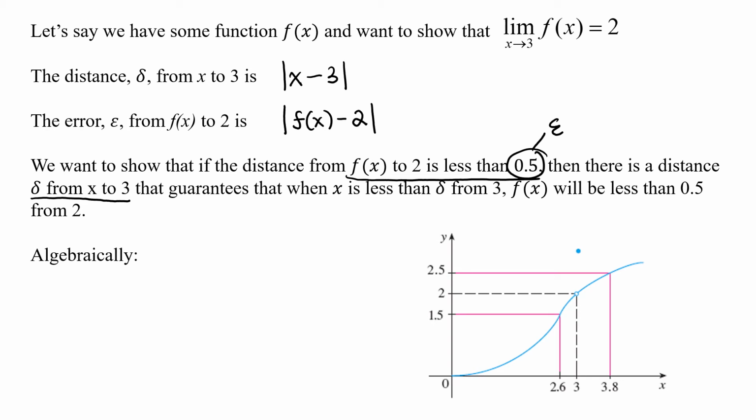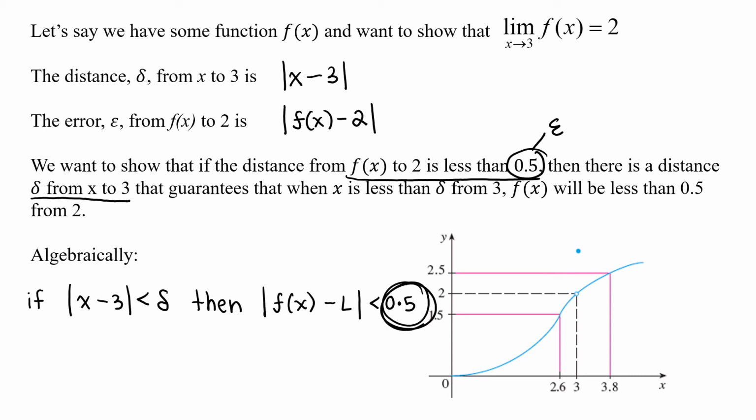So algebraically, we want to show if the distance from x to 3 is less than delta, then the distance from f of x to L is less than 0.5. So we're given our epsilon, that distance or error for f of x, and we want to find our delta.